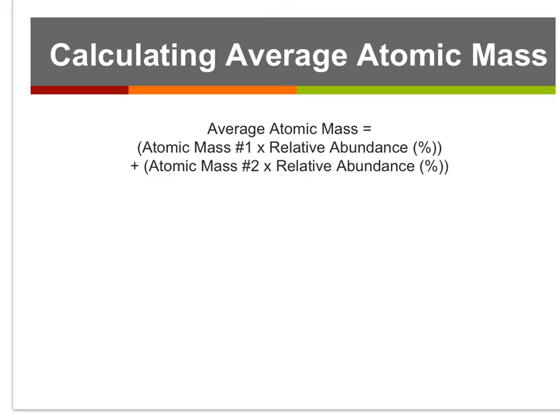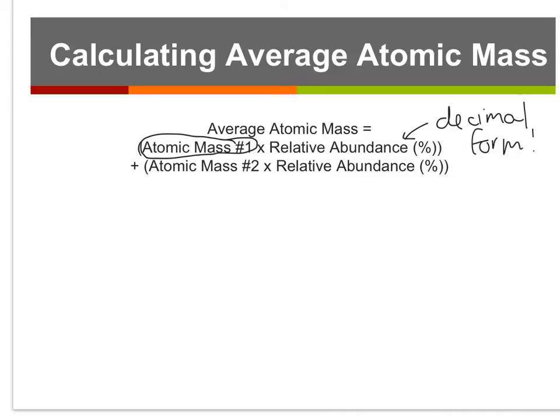Now, in order to calculate the average atomic mass, what you would do is take the atomic mass of each of your isotopes and multiply it by the relative abundance. This is always given as a percentage, but you're going to want to put it into decimal form in this formula.